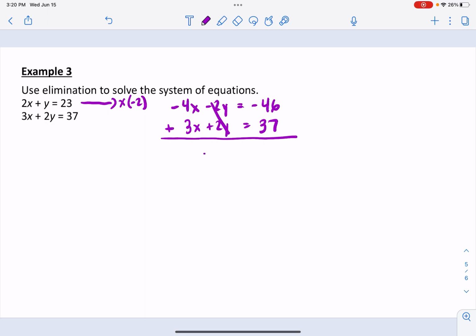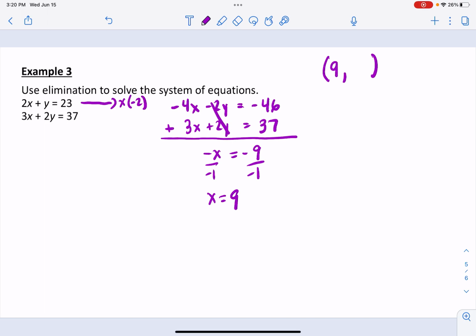I have negative x equals negative 9, divide by a negative 1. So I have 9 being my x-coordinate.